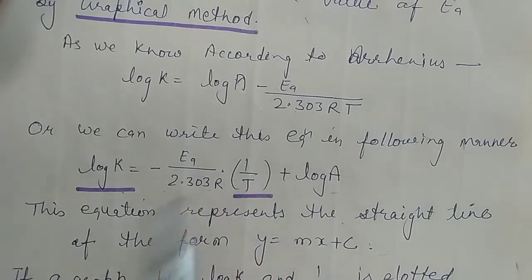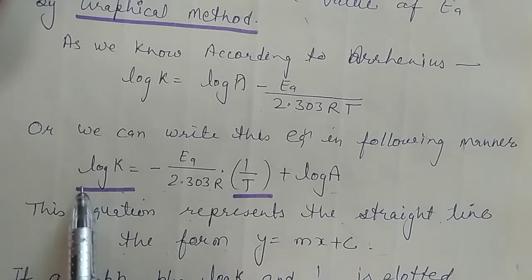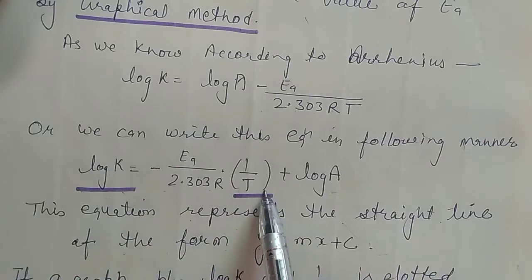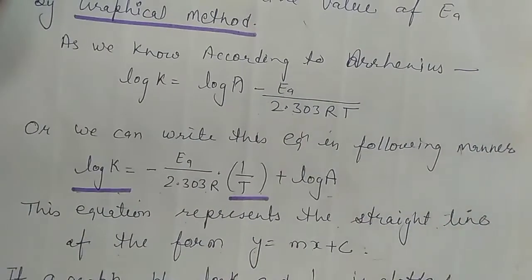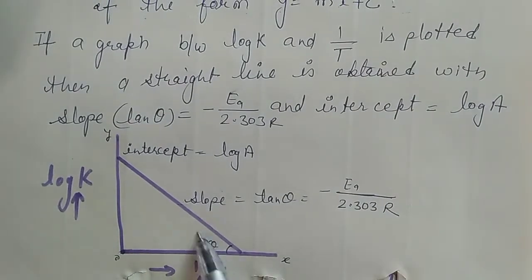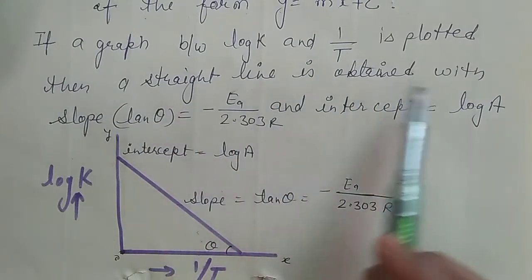The sides are changed. This equation represents a straight line of the form y = mx + c. So if we plot a graph between log K and 1/T, we will obtain a straight line with slope.